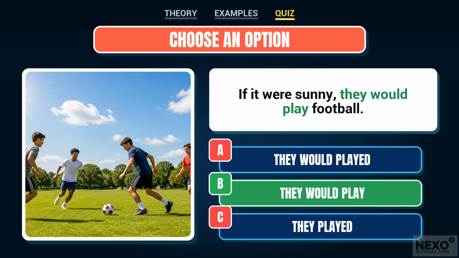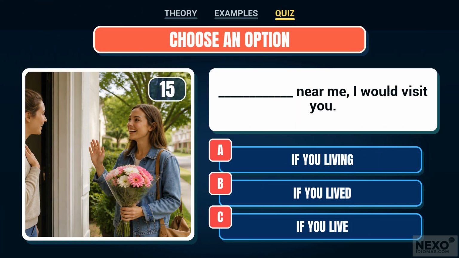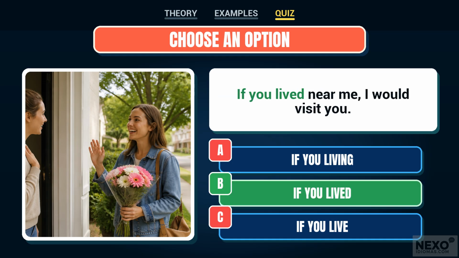If it were sunny, they would play football. If you lived near me, I would visit you.